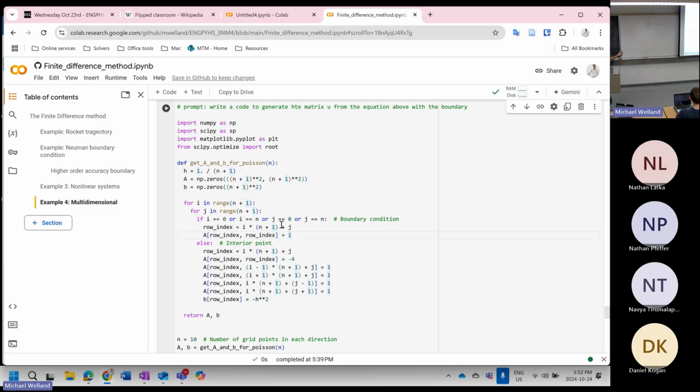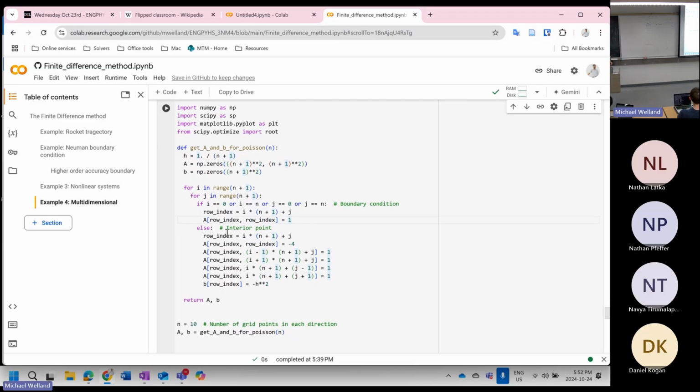It's saying if i is equal to 0, which is your left boundary, or i is equal to n, which is your right boundary, or j is equal to 0, or j is equal to n, which is your top and your bottom, then treat it specially. And treating it specially means Dirichlet. So all you have to do is calculate what your row index is. This is going to be along your diagonal, and you just put in a 1 there. That's all it is for Dirichlet.